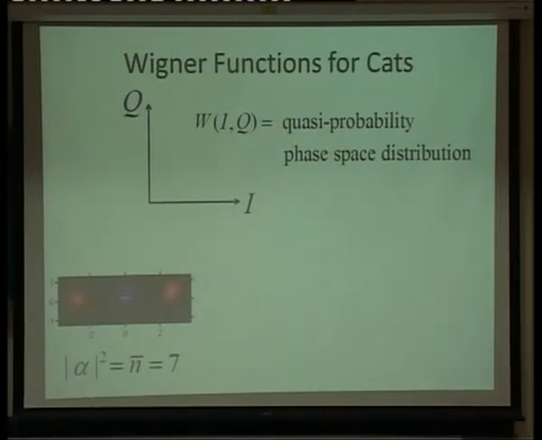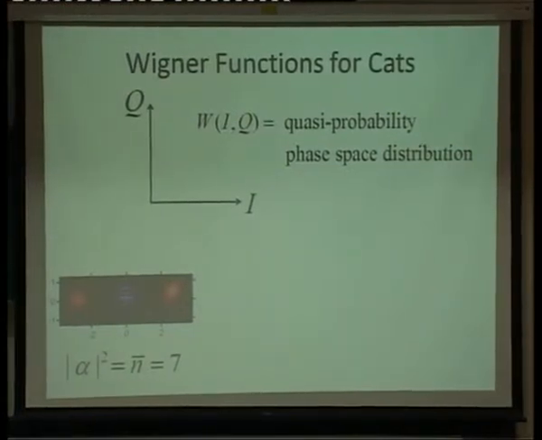So the way you measure the Wigner function is you take the state and then you displace it coherently with a tone some distance, which is the location here in this graph, and you measure the parity of the resulting photon number.